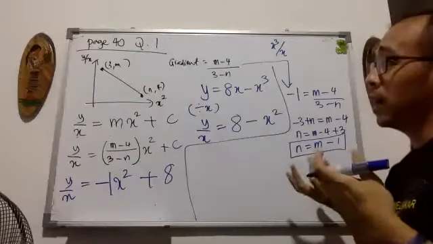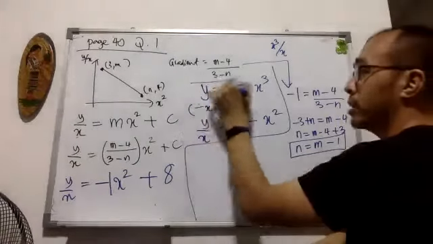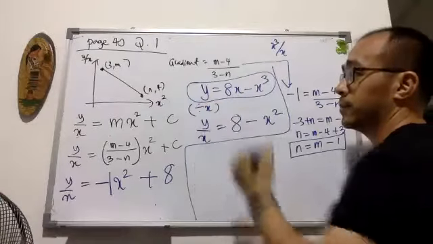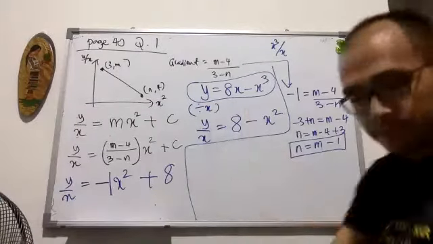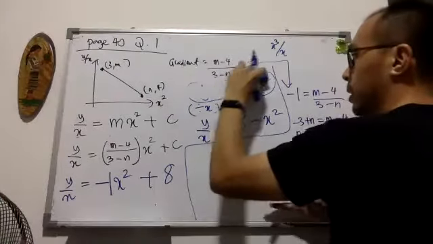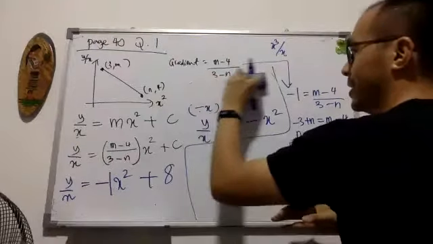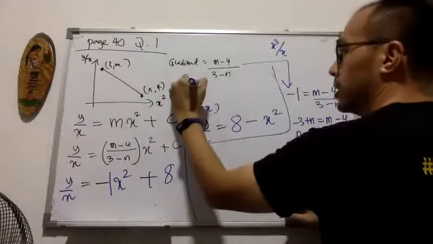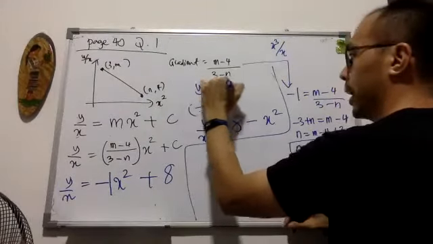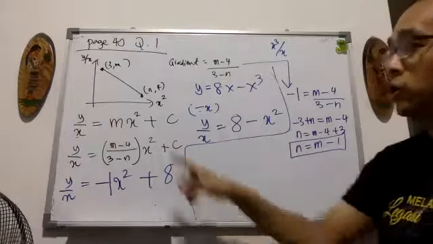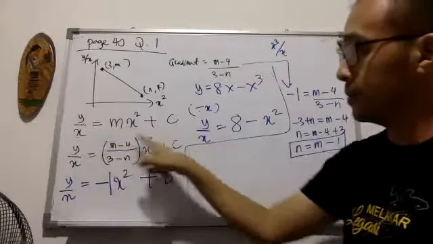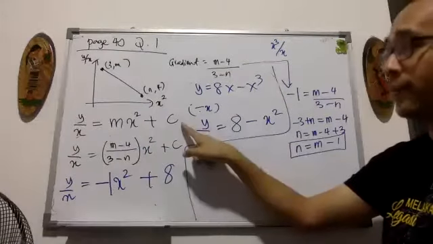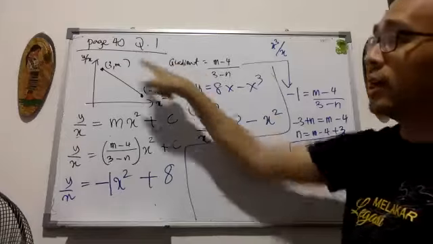I would suggest that we use back the original equation. Oh, sorry, my mistake. This is apa? y equals 8x minus x cubed. Sorry. Use back this equation that we have, and let's try to put it in here.